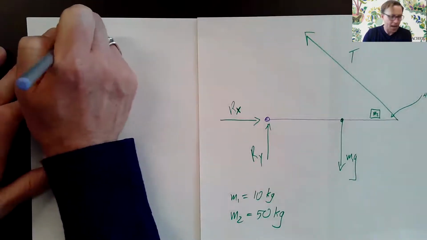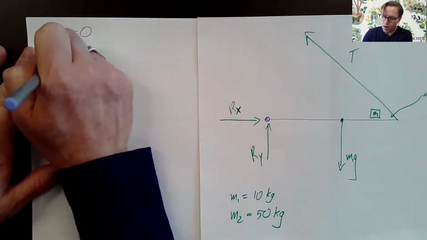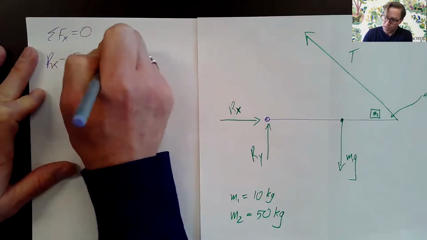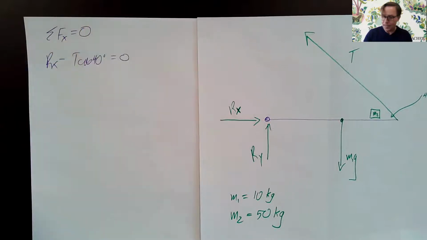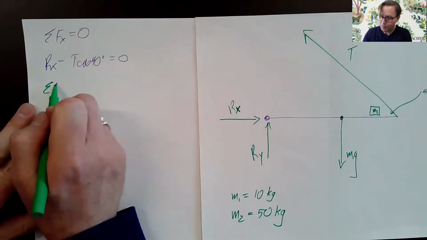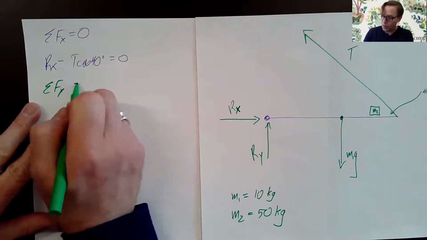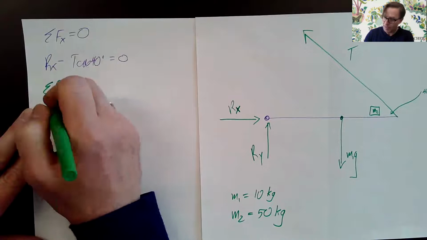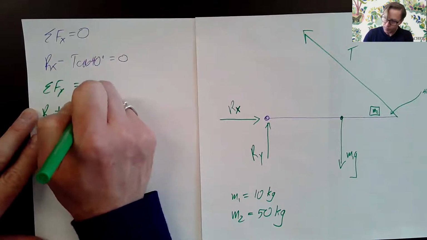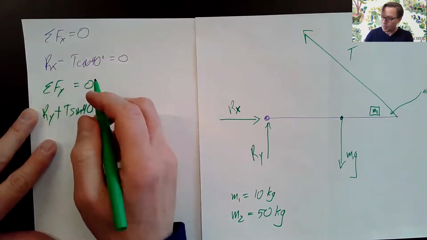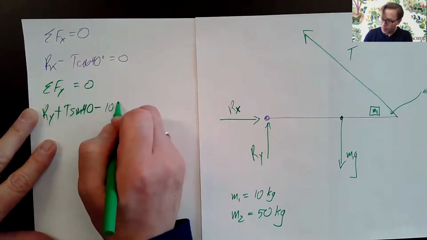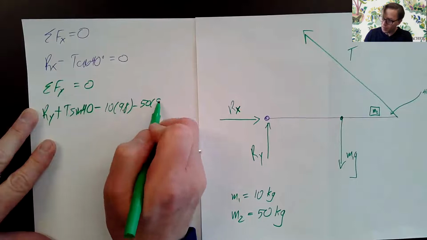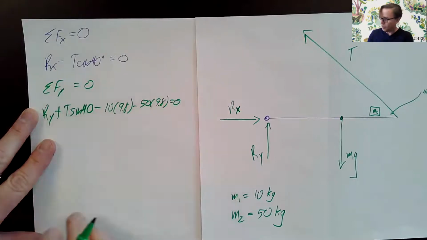Sigma Fx equals 0: Rx minus T cosine 40 equals 0, and sigma Fy equals 0, and that was Ry plus T sine 40 minus 10 times 9.8 minus 50 times 9.8 equals 0.